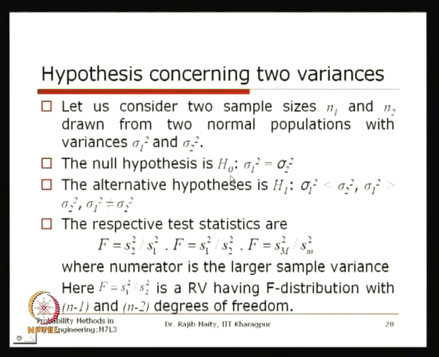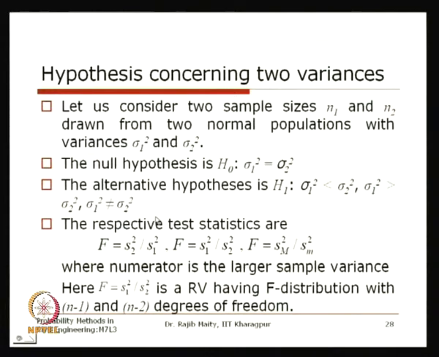Here the null hypothesis can be, sigma 1 square is equal to, or less than, sigma 2 square, like that. The test statistics depend on the alternative hypothesis, whether sigma 1 square is less than sigma 2 square, or sigma 1 square is greater than sigma 2 square, or they are not equal.